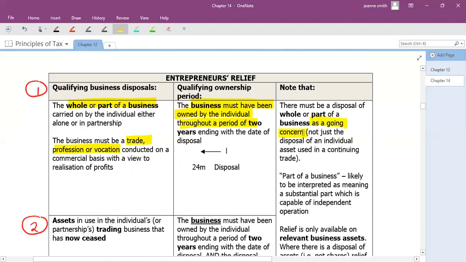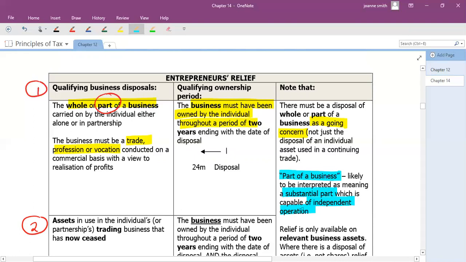So you've done a little bit of going concern in your financial reporting, financial accounting papers. Going concern means you're going to trade for the foreseeable future. And that would normally be beyond 12 months. And then where we talk about here, part of a business, there's a little bit more definition here. Part of a business is something that is a substantial part and can be independently operated.